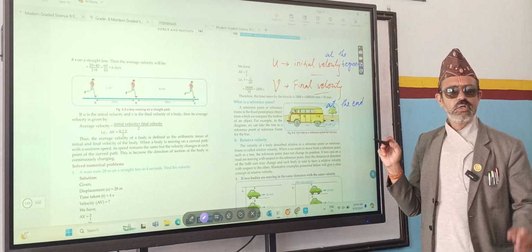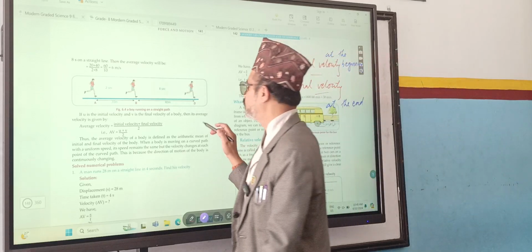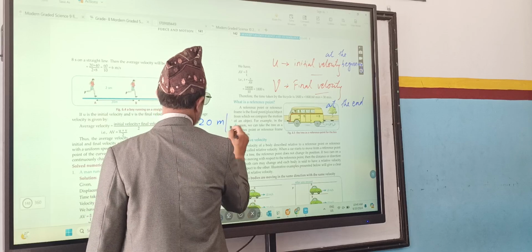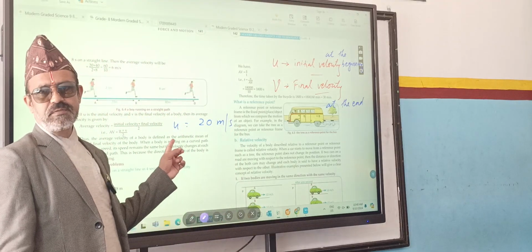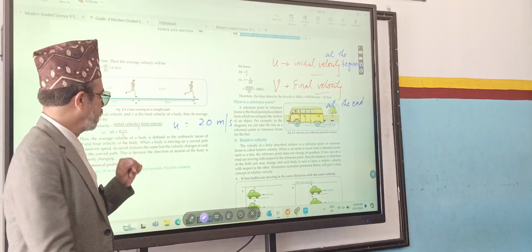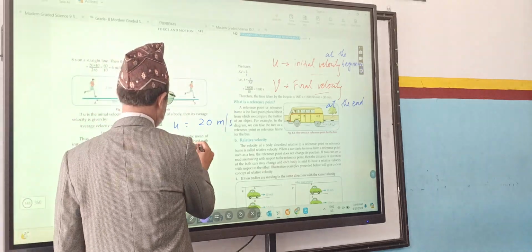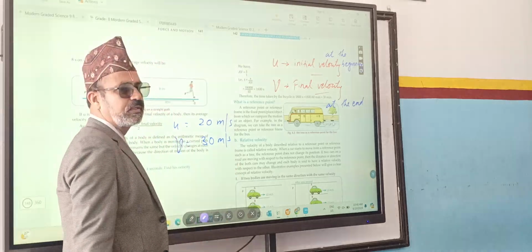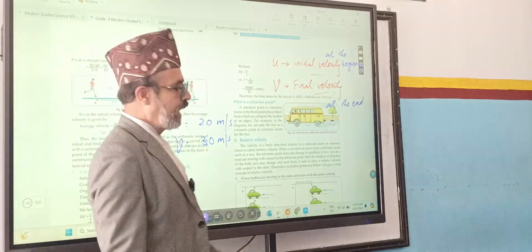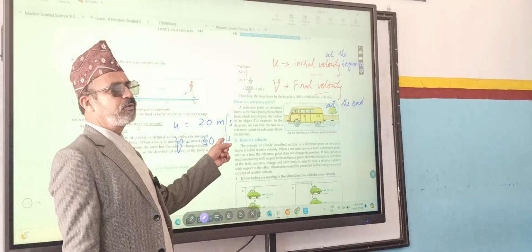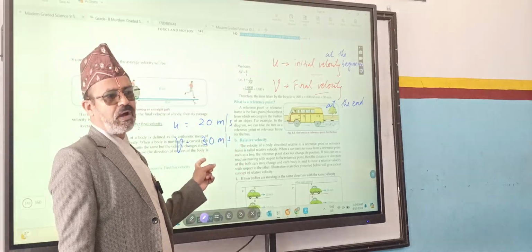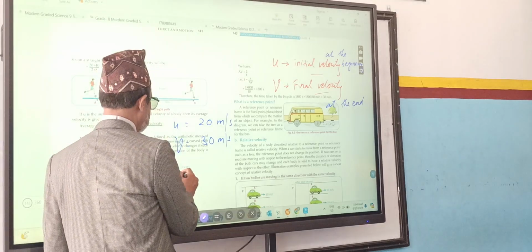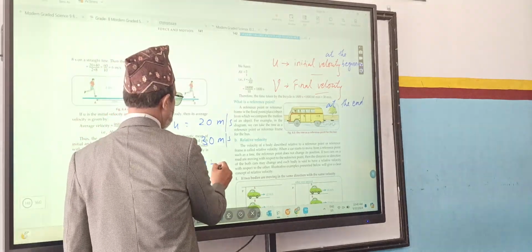Suppose Ritik's initial velocity is 20 meter per second. What is the initial velocity? 20 meter per second. His final velocity is 30 meter per second. At the beginning, his velocity was 20 meter per second. Now it is 30 meter per second. Then AV means here is one formula.